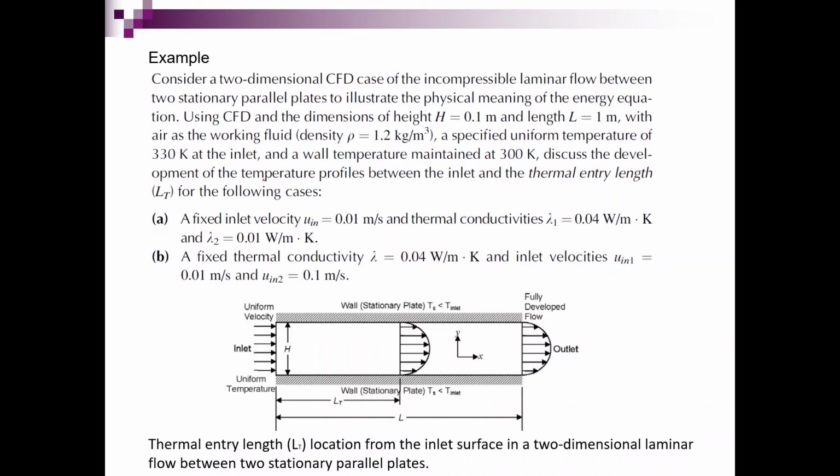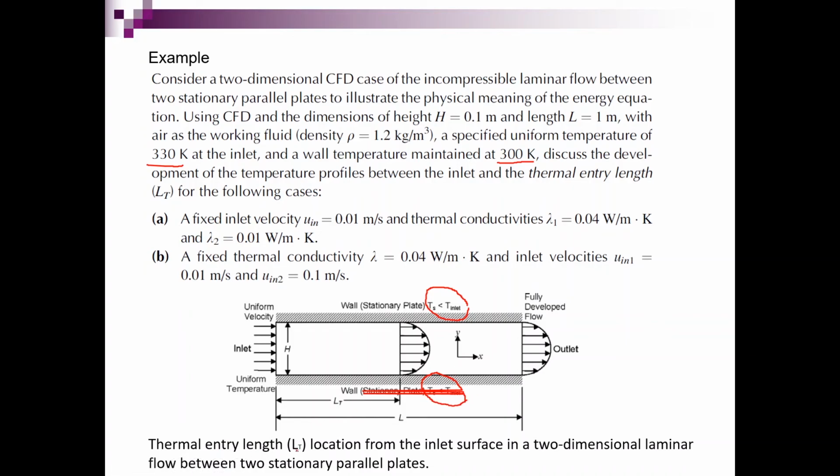Discuss the development of the temperature profiles between the inlet and the thermal entry length LT for the following cases. The wall temperature is lower than the inlet temperature: 300 Kelvin at the wall and 330 Kelvin at the inlet.